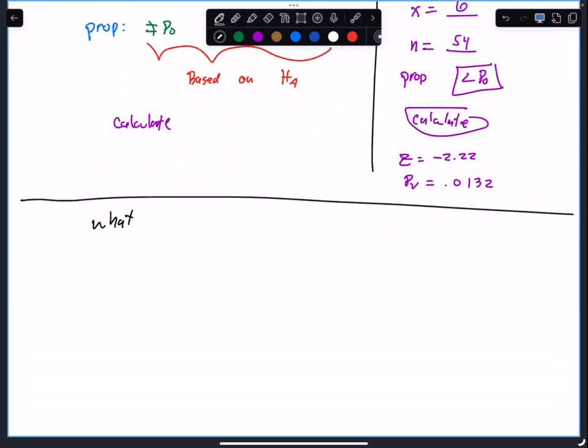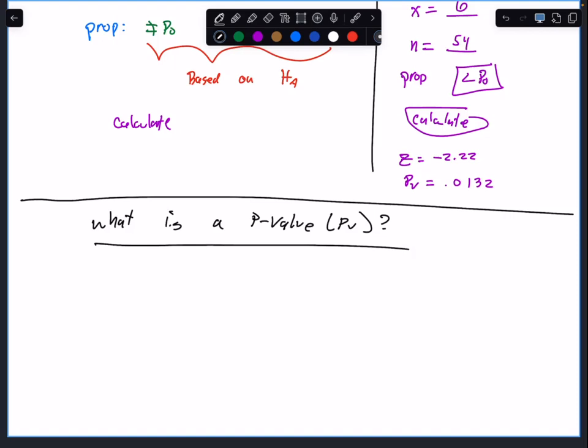All right. What is a p-value? Also written as PV. A p-value is just like we did in practice.